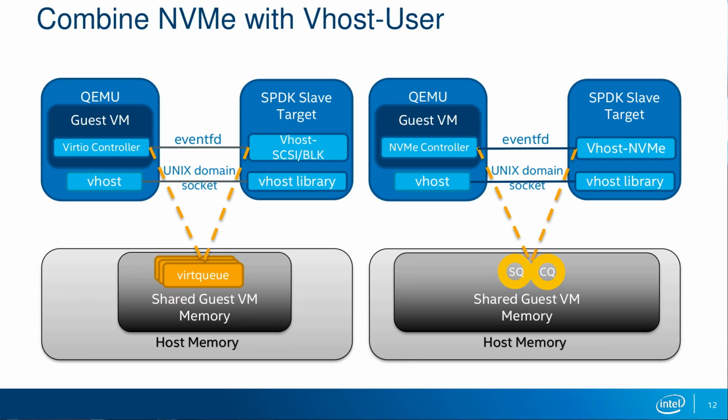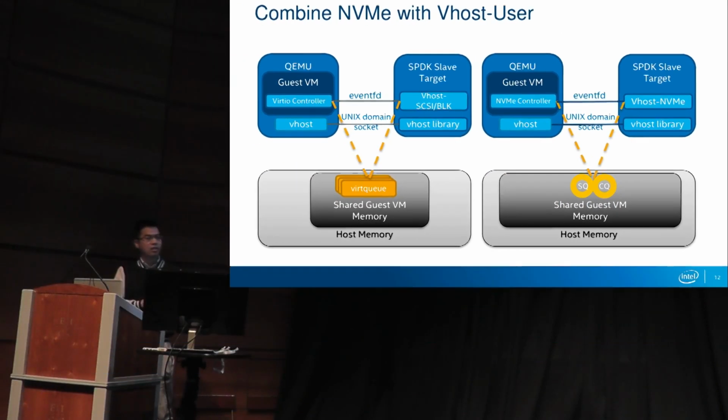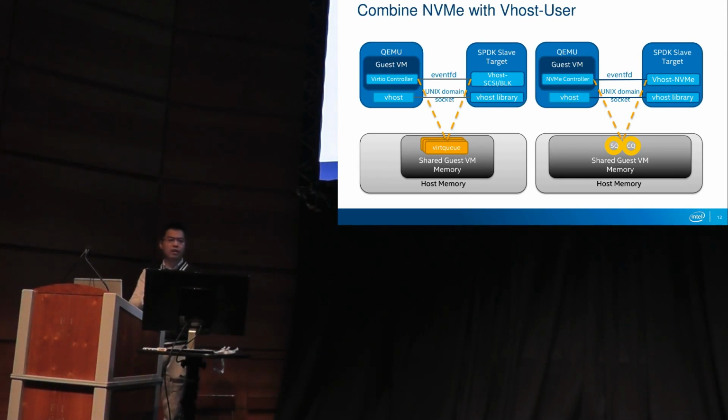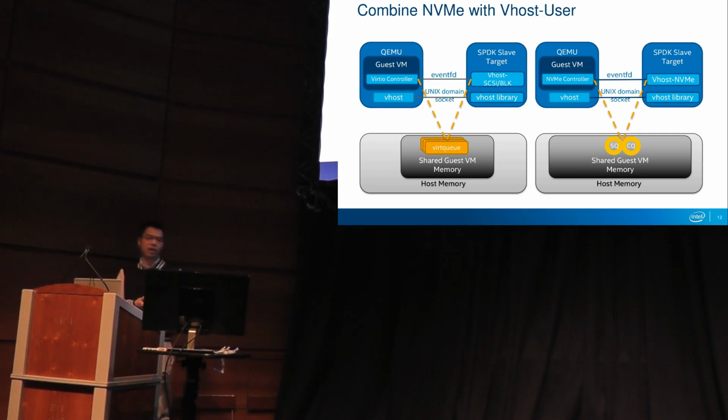With this, we can compare SPDK's previous SCSI and block solutions with the vhost NVMe solution. Actually, we reuse something. For the vhost protocol, the initial usage is only for accelerating virtio, but we can extend the vhost protocol to support NVMe virtualization inside the guest OS.